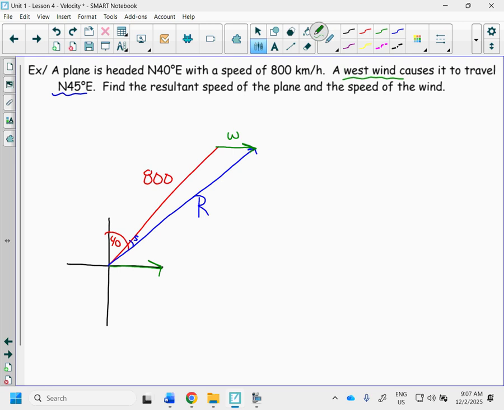So let's think about our angles that we know. We know that from the north to the blue line is actually 45. That tells us that right here, which means this side also has to be 45.